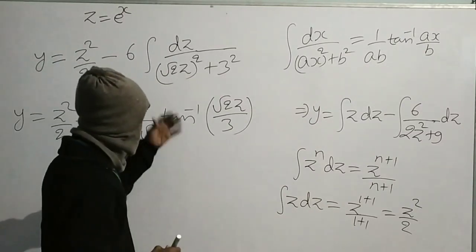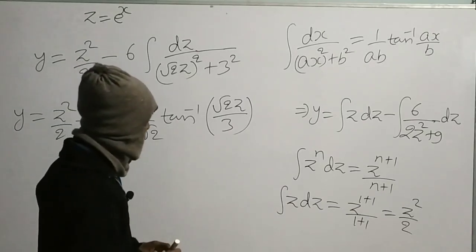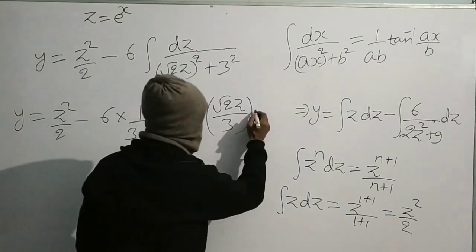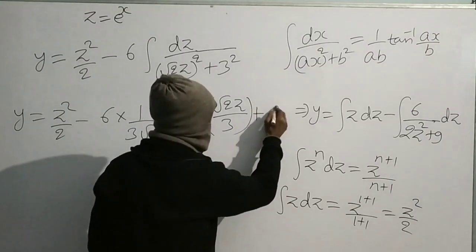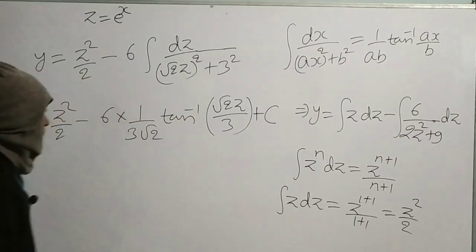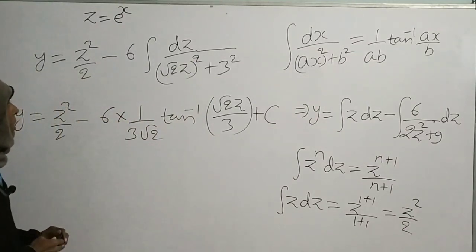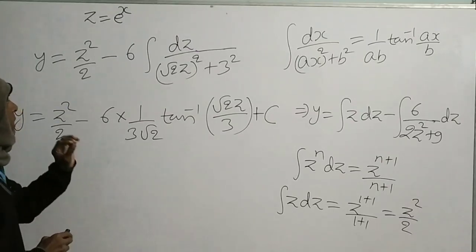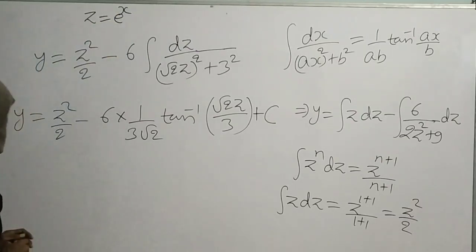Now we have integrated all the functions. Therefore, in the end, we generally add an arbitrary constant c. But we had substituted z is equal to e to the power x.